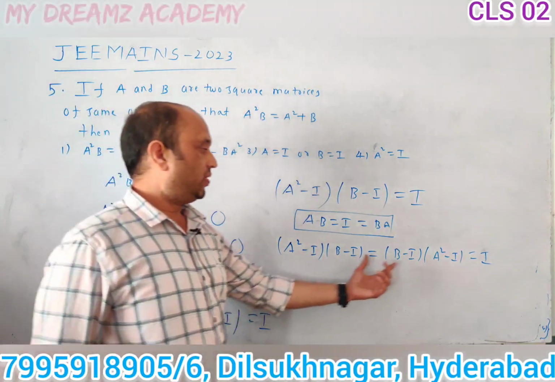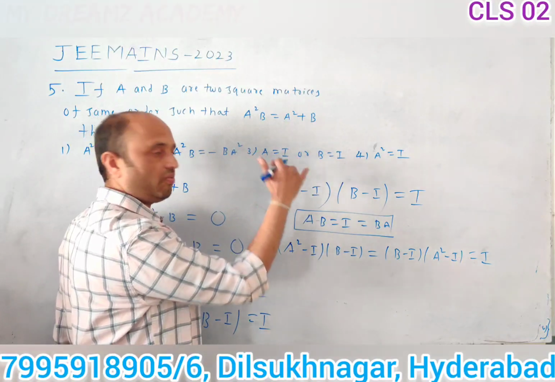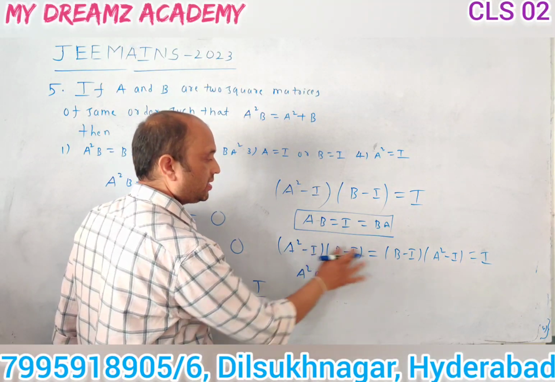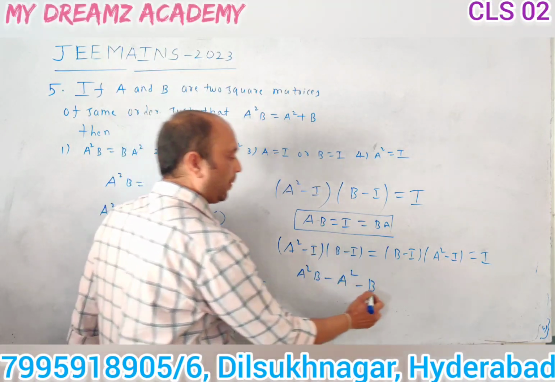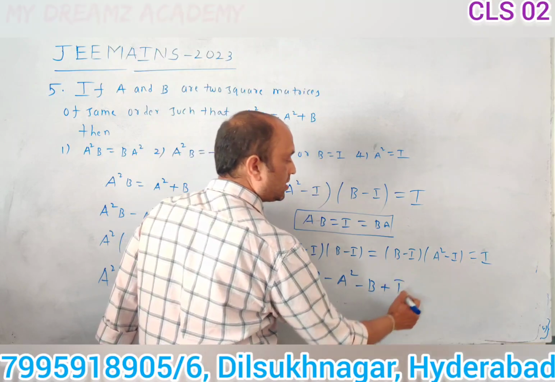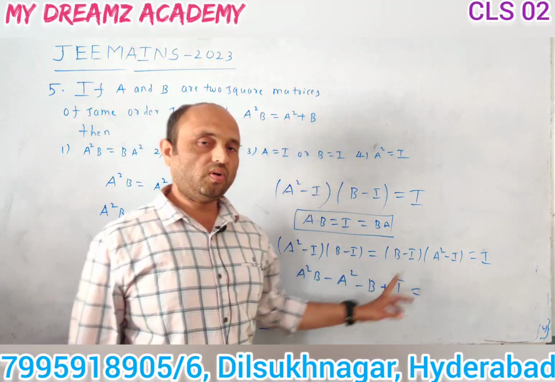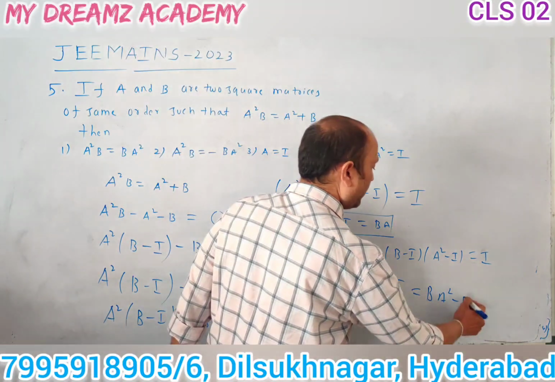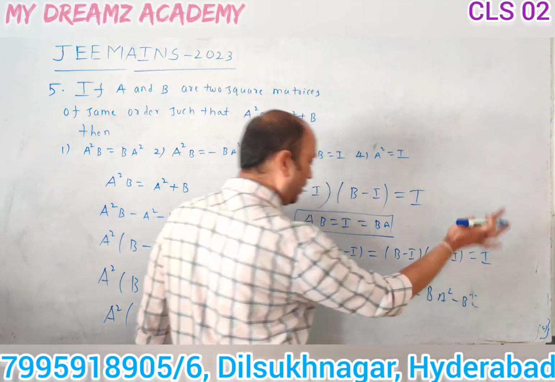Now take only these two conditions and check which option is true out of the four. A square B multiplied, minus A square into I, minus B plus I square, is I only. B A square minus B I is nothing but B only.